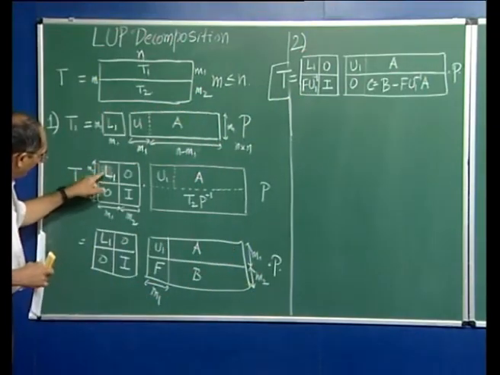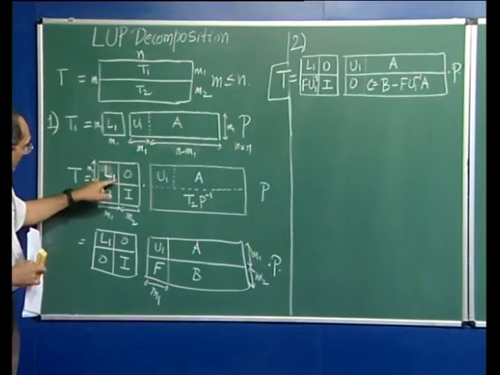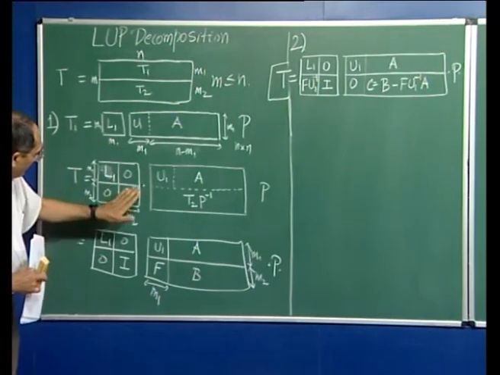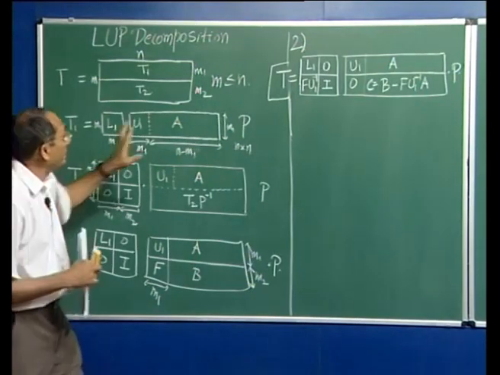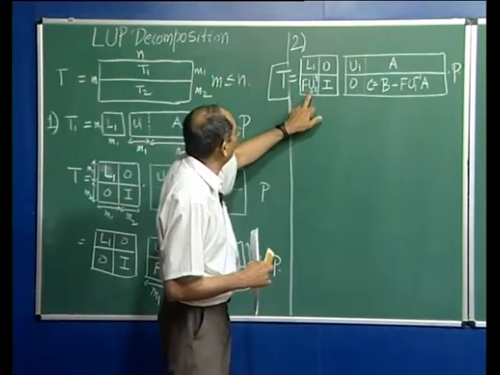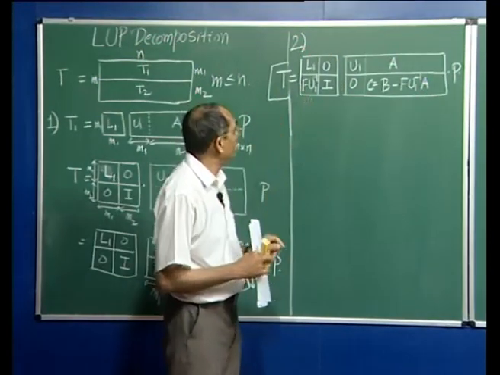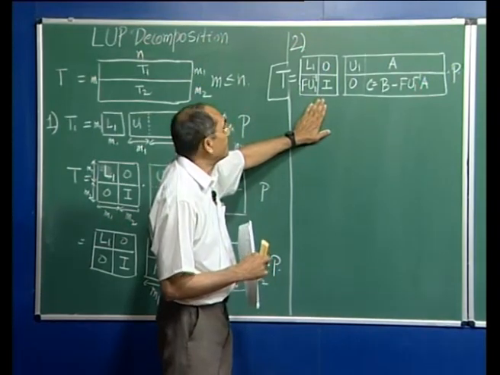Secondly, since the diagonal entries are non-zero, these are also non-zero, hence this matrix over here with FU1 inverse, this is a lower triangular matrix. Once again, in principle its inverse exists.